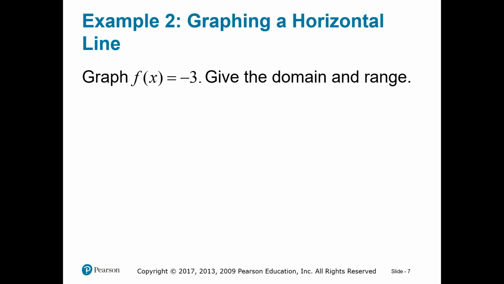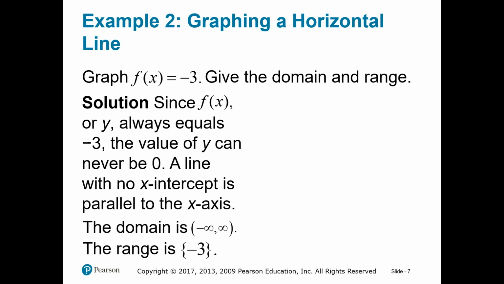You can plug in any value of x there, right? Like 0, 1, -1, -2, whatever you like. You can plug in any real value of x. So therefore the domain is negative infinity to positive infinity, and the range is -3. You see that? You got it?